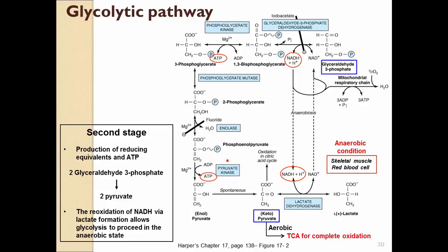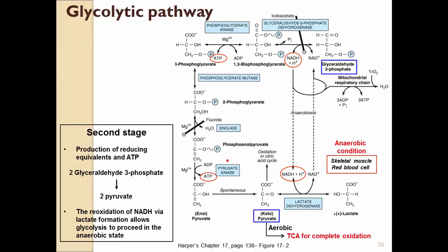And in the second stage, we have 1 key reaction here. It is the reaction catalyzed by pyruvate kinase that converts phosphoenolpyruvate to pyruvate. Okay. So the key enzyme in this reaction is pyruvate kinase.